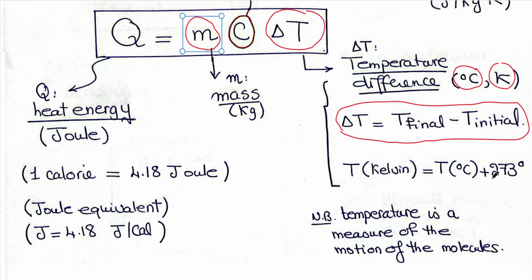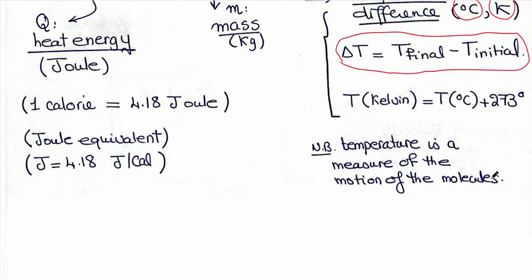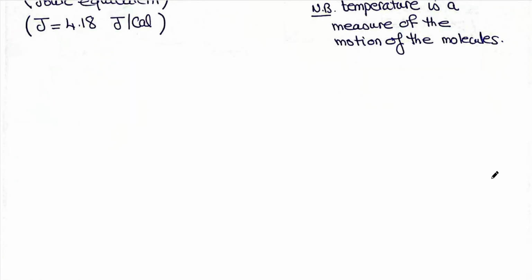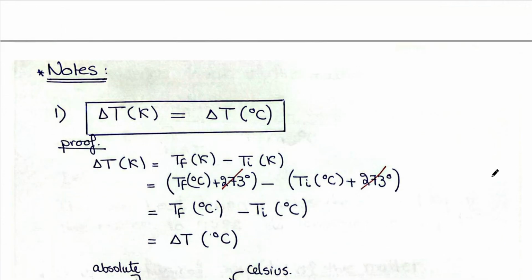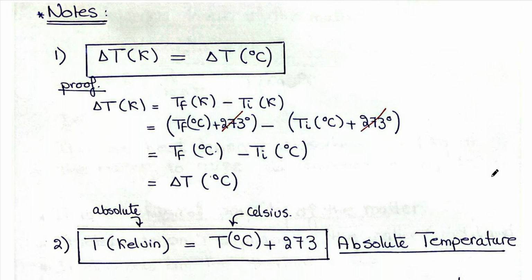Let's make some notes and remarks about this equation. In the equation, we have a difference in temperature. We will prove that the difference in temperature could be used in Kelvin or in Celsius. If you try to find delta T in Kelvin, you put T final in Kelvin and T initial in Kelvin and subtract them.